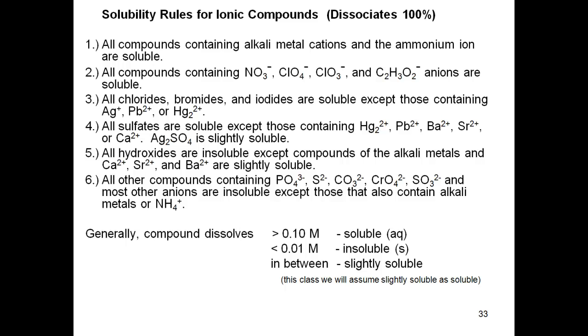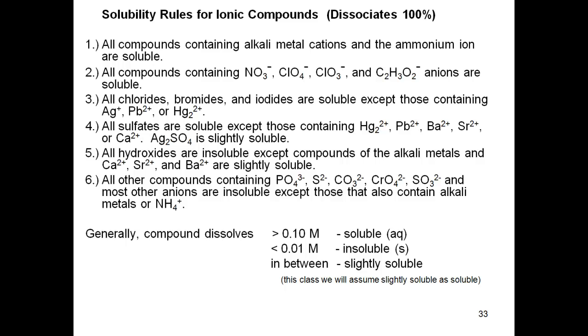4. All sulfates are soluble, except those containing mercurous, lead(II), barium, strontium, or calcium. So most of them are soluble, with a few exceptions. And silver sulfate is slightly soluble, so we're going to consider it soluble. 5. All hydroxides are insoluble, except compounds of the alkali metals, that's your group 1, and calcium, strontium, and barium, which are slightly soluble.